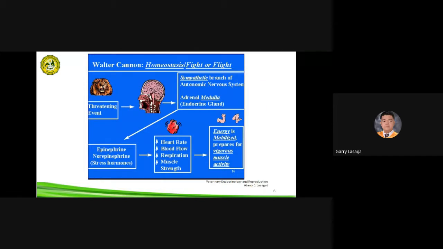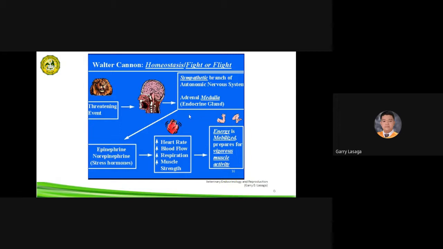responses in the body. So when there is a threatening event, the part of the PNS that will be stimulated by the brain will be the sympathetic branch of the autonomic nervous system. So what will happen is the hypothalamus will send signals to the adrenal gland, particularly the adrenal medulla, by way of nerves of the sympathetic nervous system.